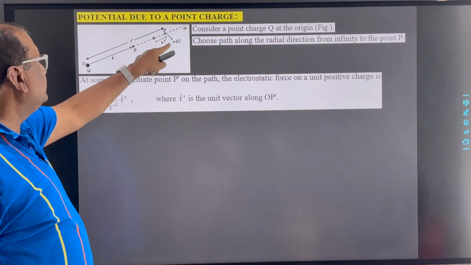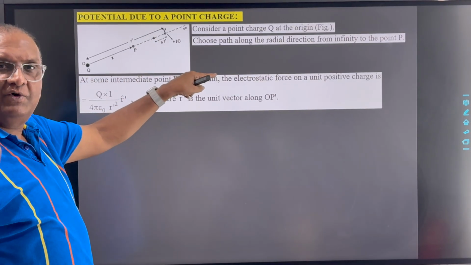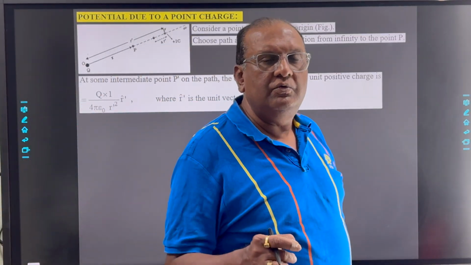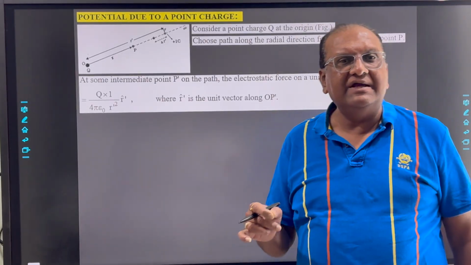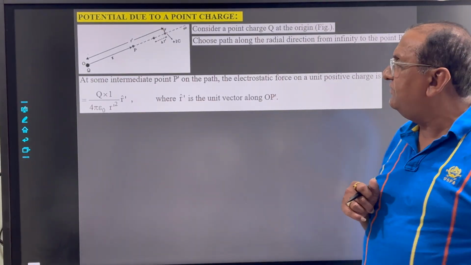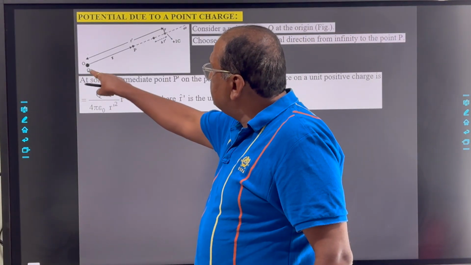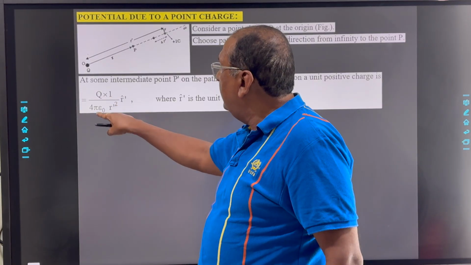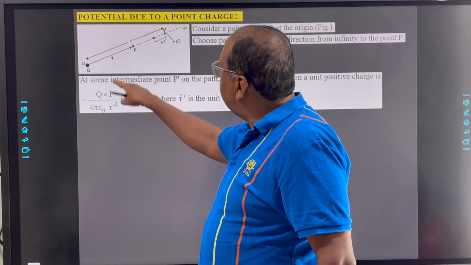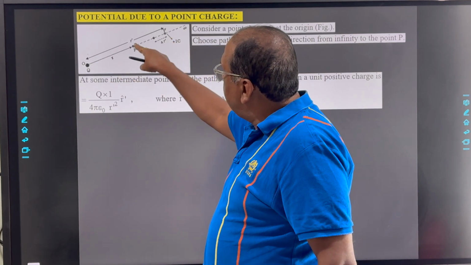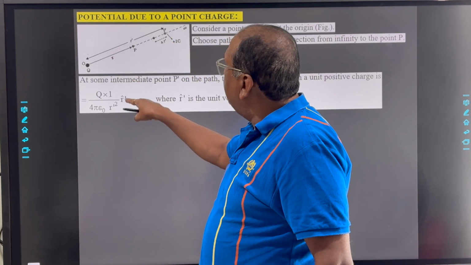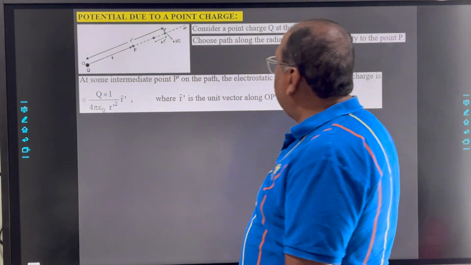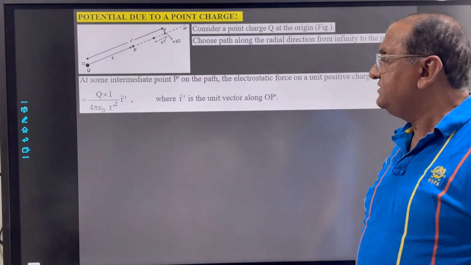So at P dash, the force on unit positive charge, that is Q1 Q2 upon 4 pi epsilon 0 R square, as per Coulomb's law. We can write Q1 is capital Q, Q2 is unit positive charge, 1 upon 4 pi epsilon 0. Distance between these two is R dash, so R dash square, and R dash caret, that is the unit vector in the direction of OP dash.